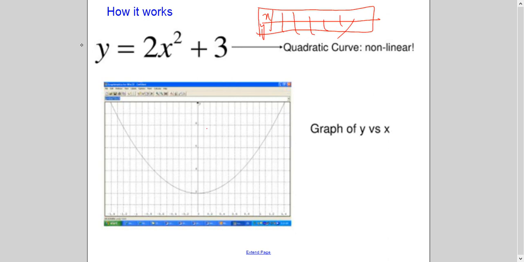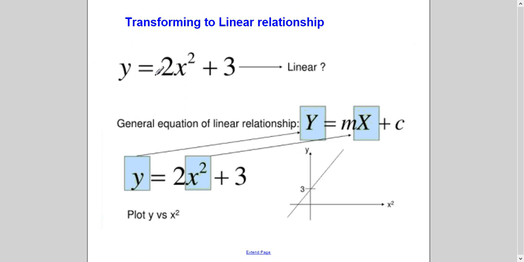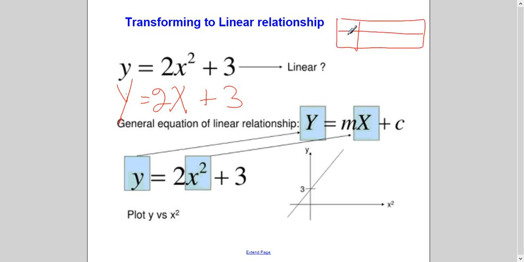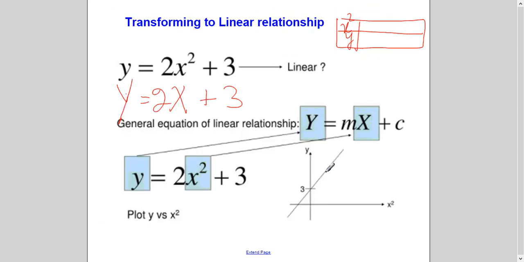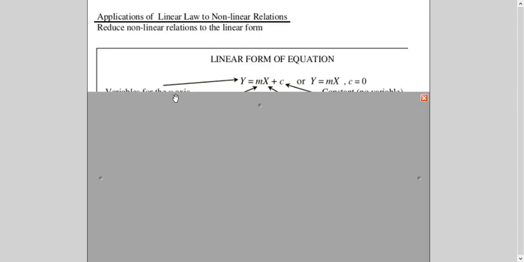But when you change this curve and transform this into linear form, this is my capital Y, this is my capital X. So my y-axis is y and my x-axis is x square now. And definitely you will make a new table for that. Using the points given to you, you will plot it and get a straight line, and you will say y is plotted against x square. We will see more examples of this type.